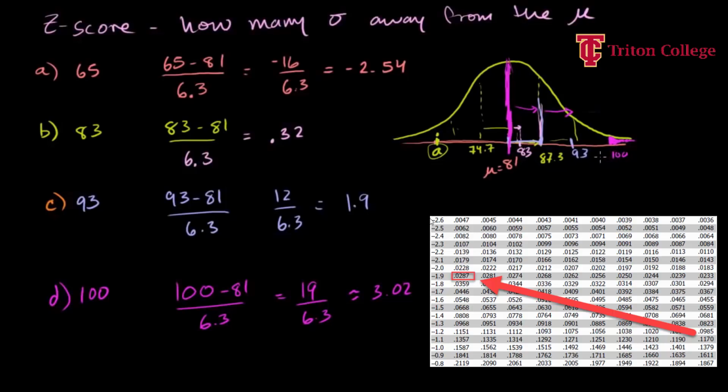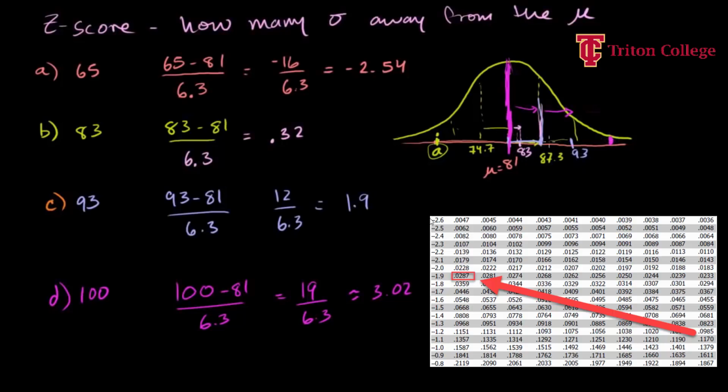So indeed a very high score. So 93, again, with the standard deviation of 6.3 and a mean of 81, falls on 1.9 on our curve, which is our z-score. And if we look up the z-score chart, we see that only 2.87% of values can be above this. So certainly, again, a very high number.